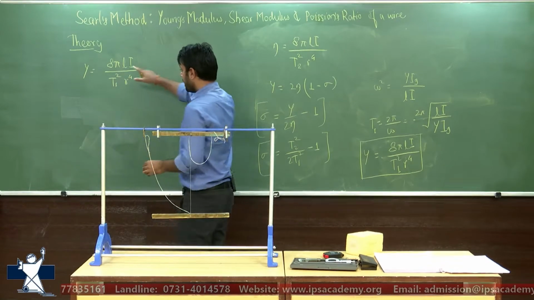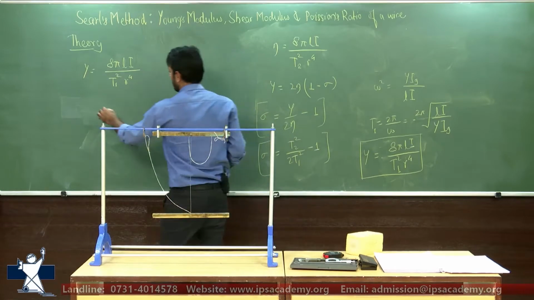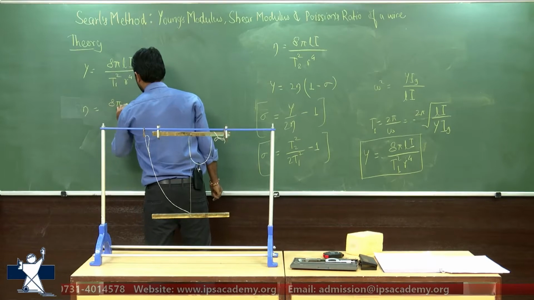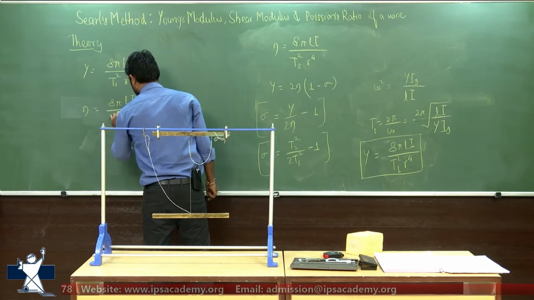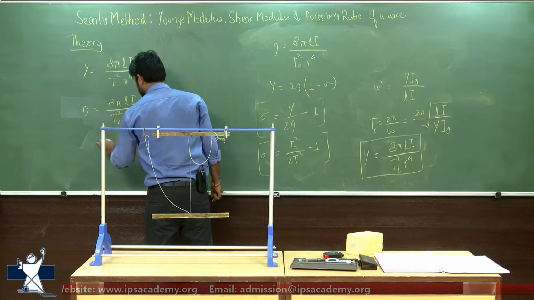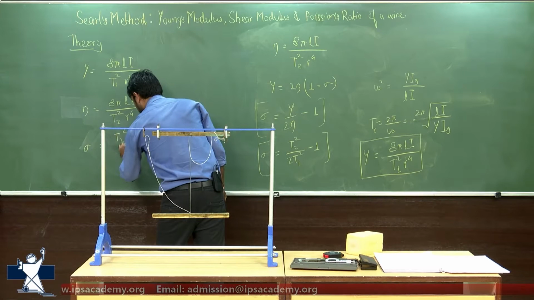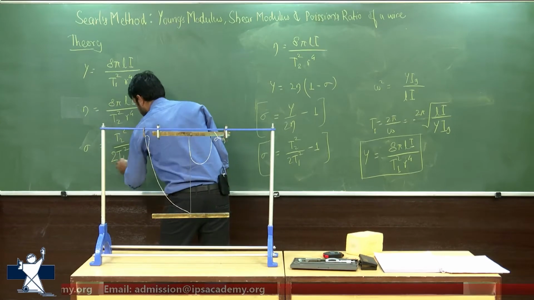So I'm going to define the quantities again. Shear modulus is equal to 8 pi L I by T2 square r to the power 4, and Poisson's ratio is equal to T2 square by 2 T1 square minus 1.